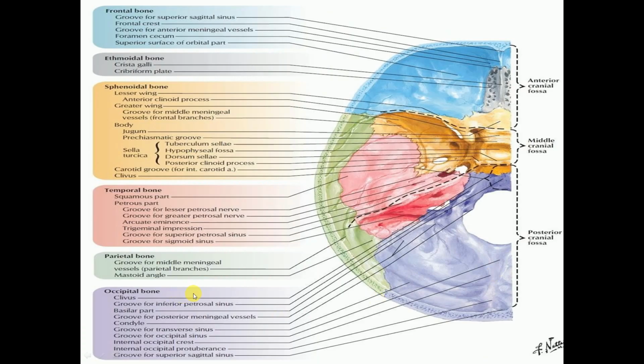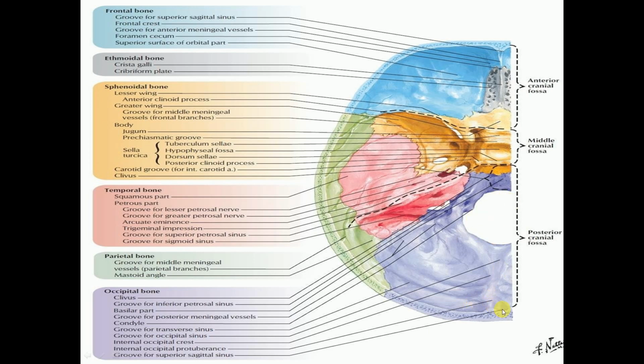So it covers only the occipital part, the base of your skull, you can say. This is your clivus, and it also contains the groove for the petrosal sinus, this one, and the condyle. It is around the foramen magnum. All the points are around the foramen magnum.